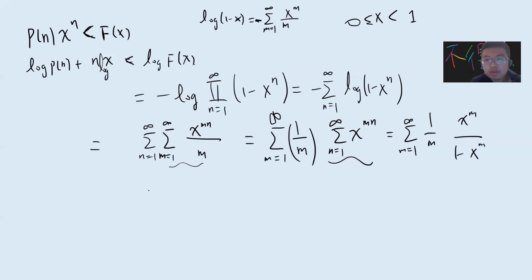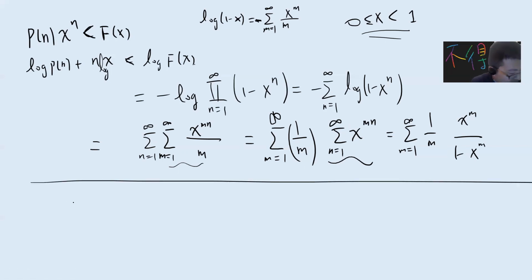So what's the next step? The next step is let's say we want to estimate this, right? We have this and we want to estimate it. This is not difficult. So notice that 1 minus x^m over 1 minus x will be 1 plus x plus x squared up to x^(m-1). So let's consider this.